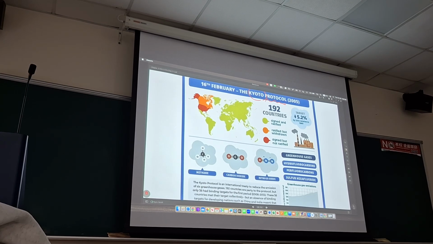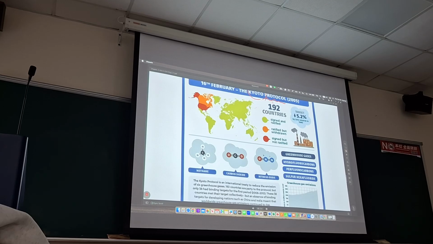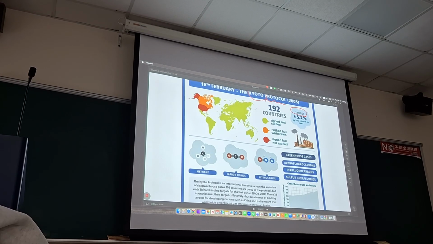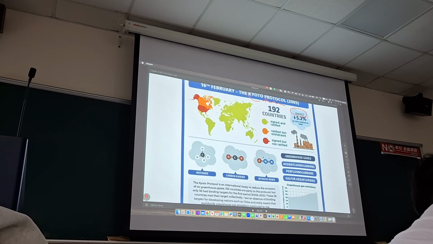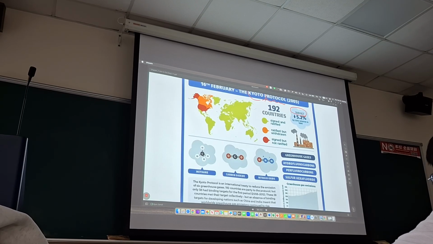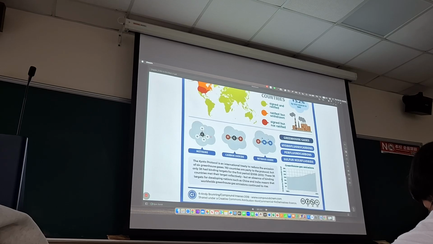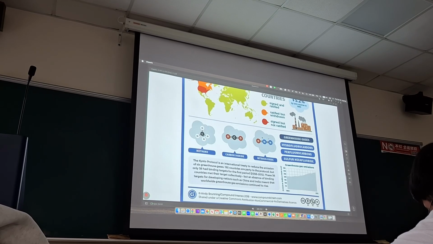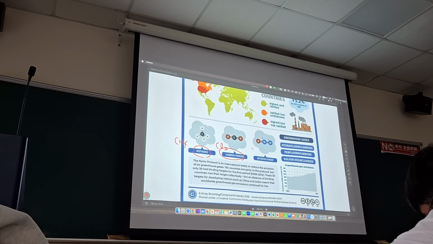Okay, in 2005. So the target is to reduce greenhouse gases by 4.5%, including methane, CH4, carbon dioxide, and nitrogen oxide, which is dinitrogen monoxide.